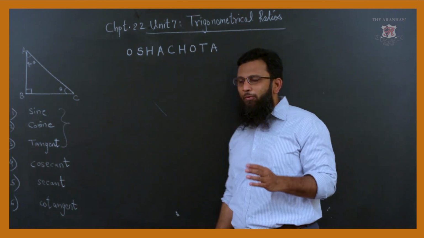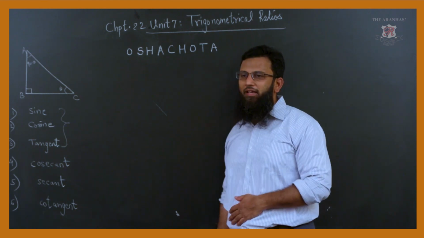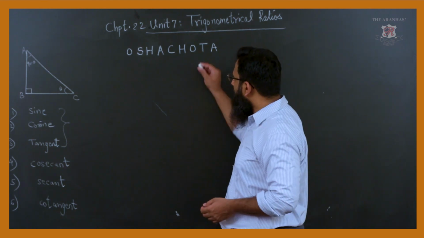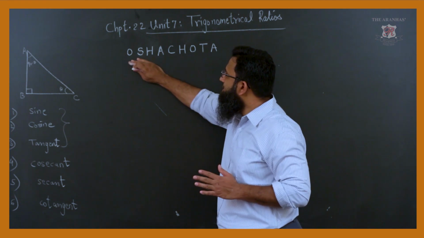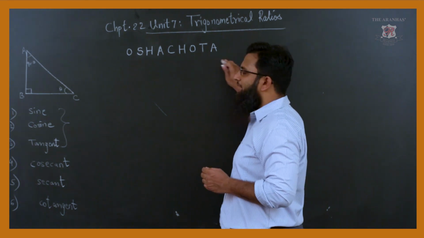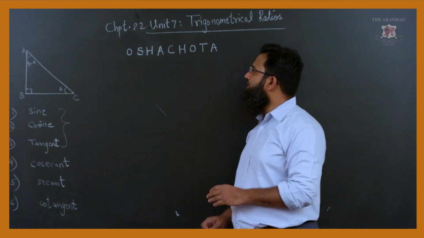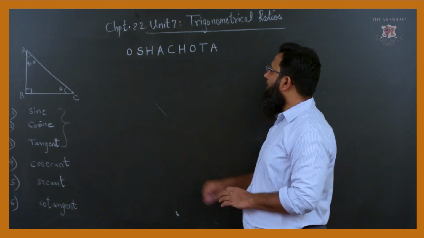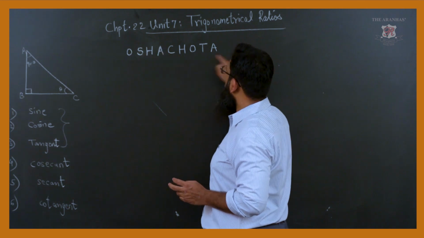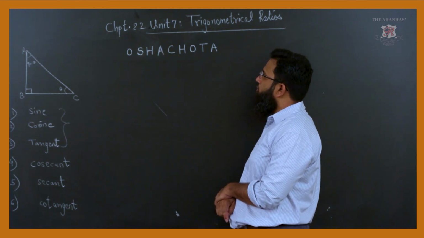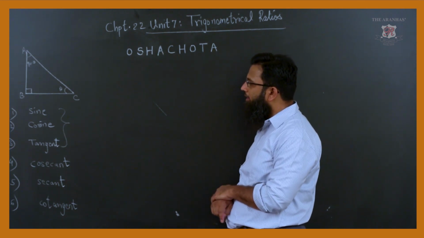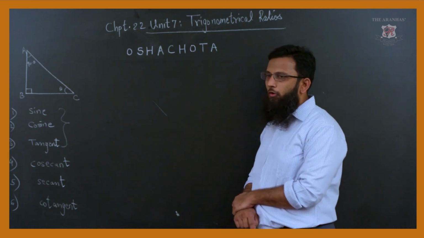Since when I was in school and studied trigonometry, our respected teachers taught us the same code which I am trying to explain to you here in this chapter. You can read it as OSHA Chota. OSHA Chota is the code for remembering those trigonometrical ratios.